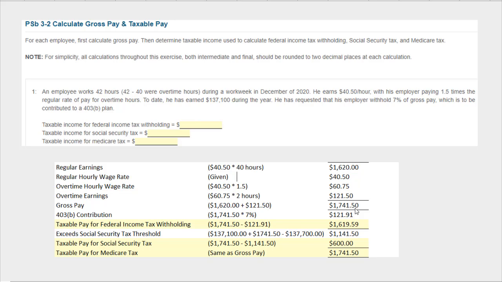For example, you have a retirement plan that is taxable for Social Security and for Medicare tax, but is not taxable for federal income tax. And I would like to refer you to a page in the book that gives you a very good summary. All right, let's go to the book.